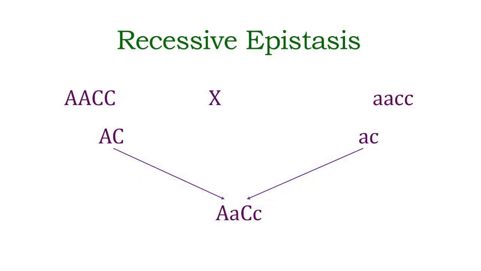If we see a cross, a true breeding species which produces agouti coat color, the genotype will be obviously capital A, capital A, capital C, capital C, crossed with an albino mice which is true breeding, whose genotype is small c, small c. They are going to produce haploid gametes respectively. Fusion of gametes will give us the F1 generation.